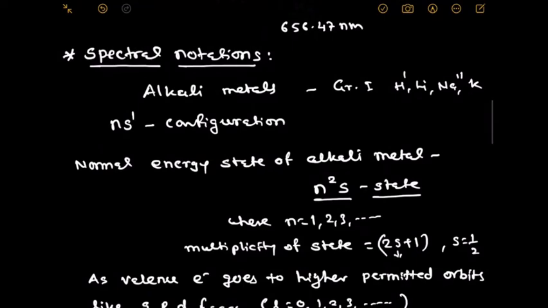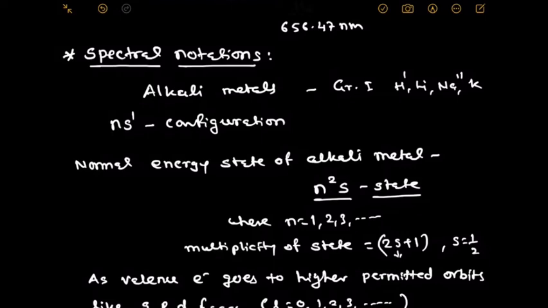Now the electron in the normal state, we call the free electron or valence electron. If that electron gains some external energy, then it goes to higher permitted orbits.